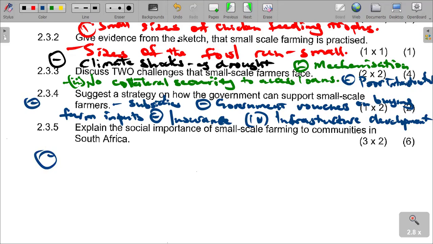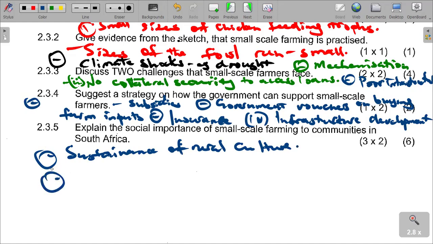We can talk about how they keep rural culture alive, the sustenance of rural culture. They maintain rural culture.